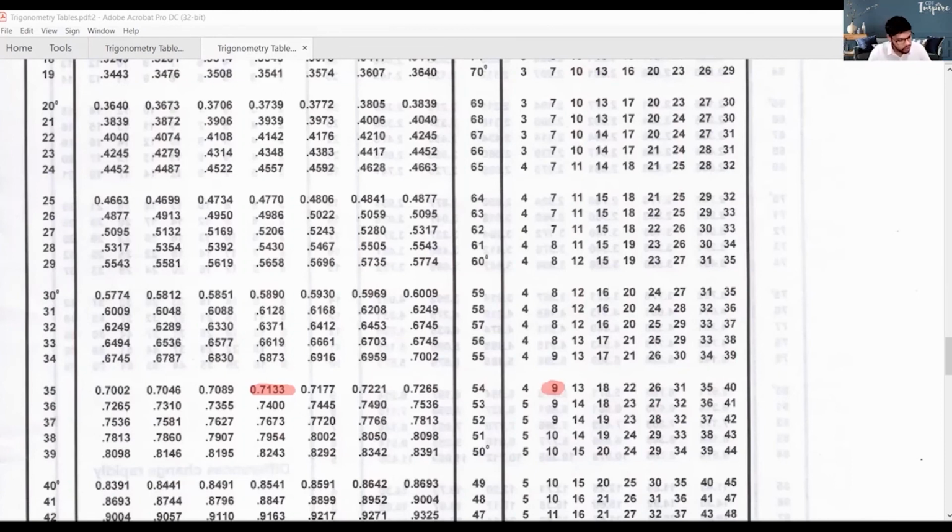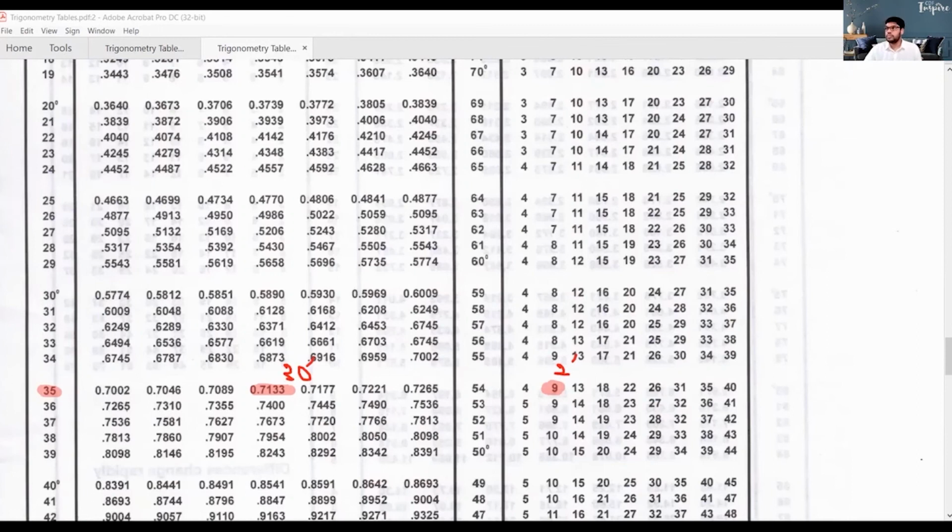So children, if we look at what these values are, right, the angle is 35 degrees, right? And now you can't see the column, but children, this is 30 minutes and this is 2 minutes. So therefore, children, the angle is 35 degrees and 30 plus 2 is 32 minutes.